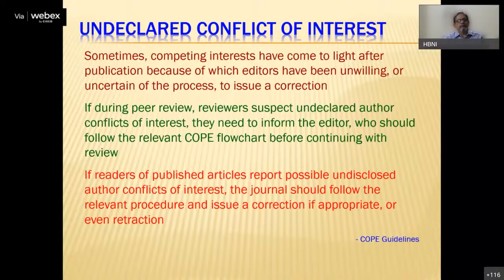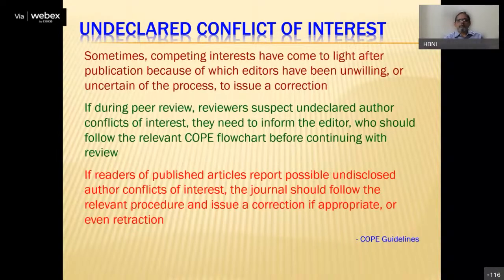So if during the peer review, the reviewers suspect undeclared author conflicts of interest, they need to inform the editor, who in turn will follow the relevant flowchart before continuing with the review. That is the first case, where an assumed conflict of interest was detected at the time of peer review.